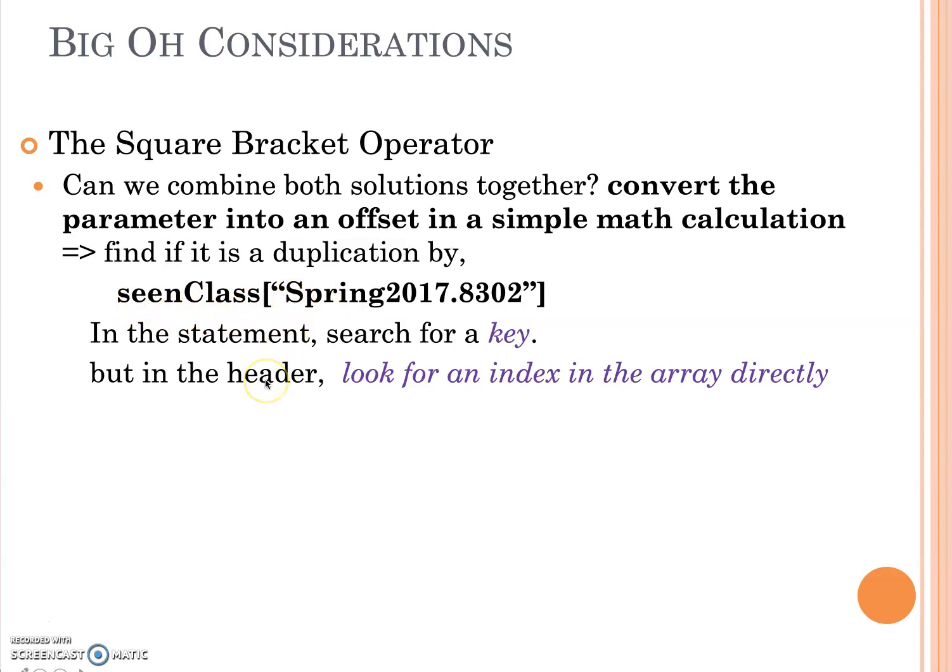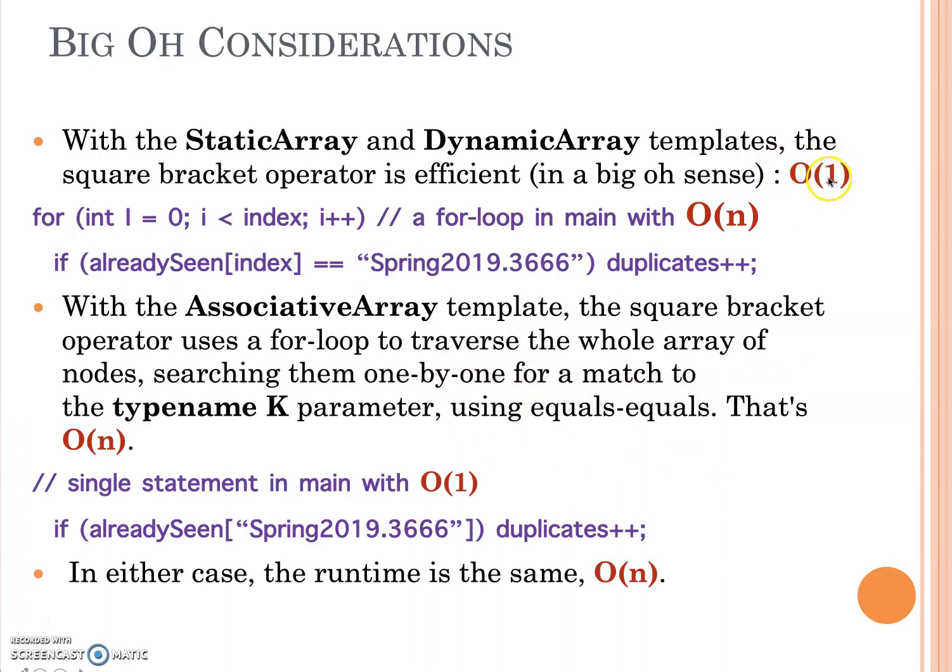It's possible that in the header file, I can pass in the key, but this key can right away be converted into an index. If you have the index for this key, what does your runtime become? Your runtime becomes big O(1) if you have the index. Remember earlier, whenever you have the index, you can in one step find the value in the array.